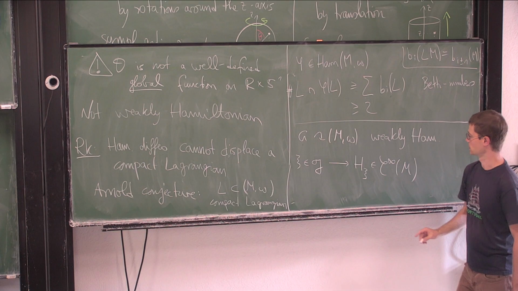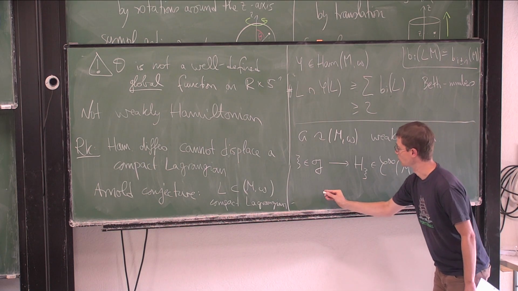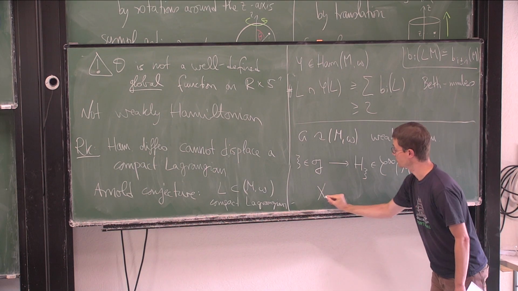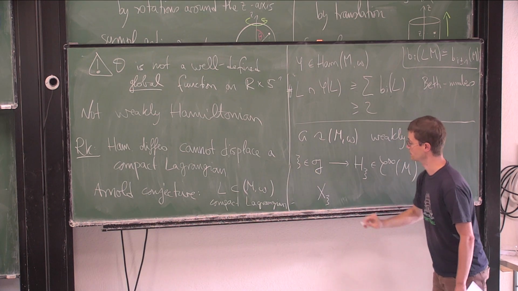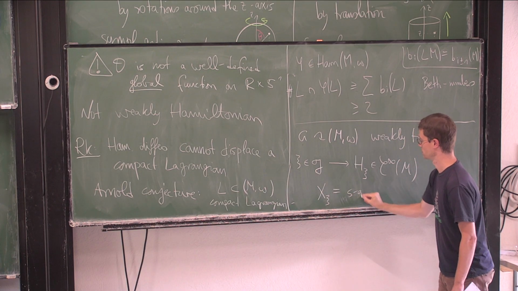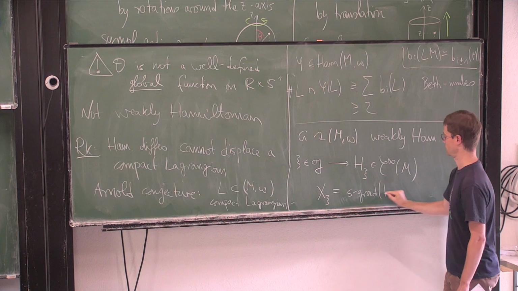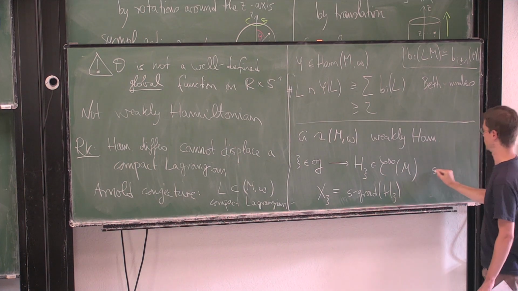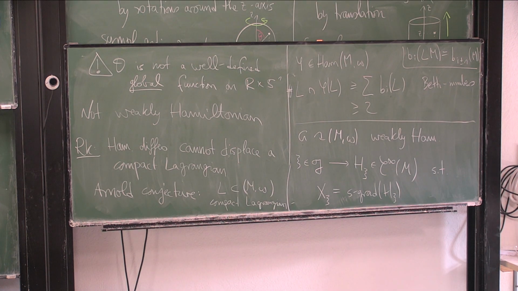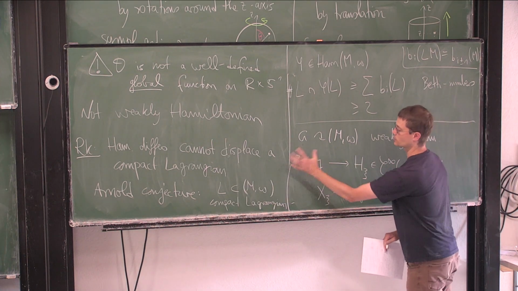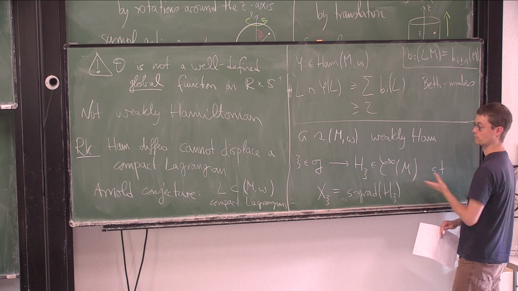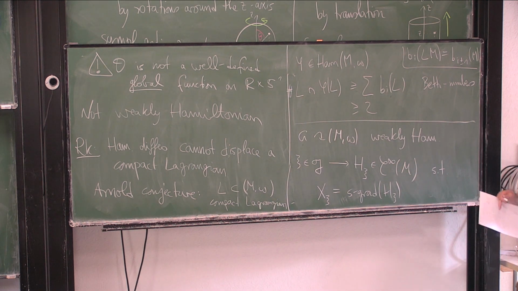So what's the definition somehow? When I compute the vector field associated to this element, this should be the symplectic gradient of this function. Okay, so this is very natural. I mean, you have a symmetry, and every symmetry should correspond to some function. This function should generate this symmetry.